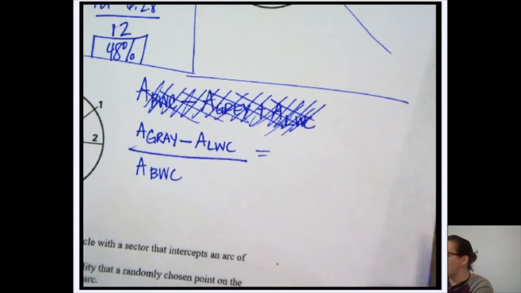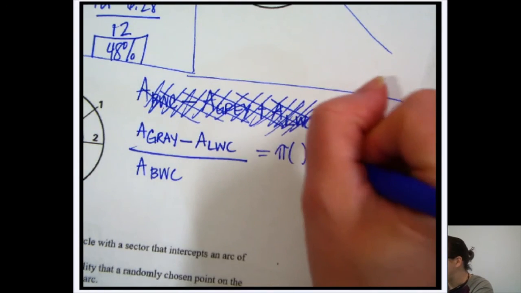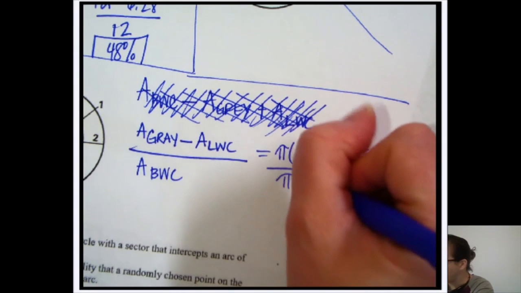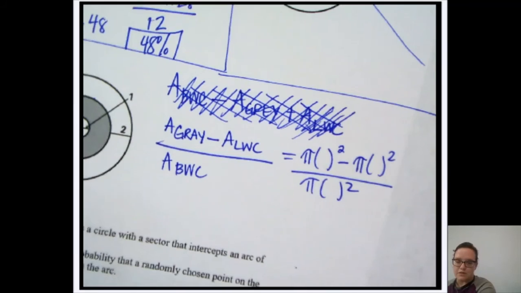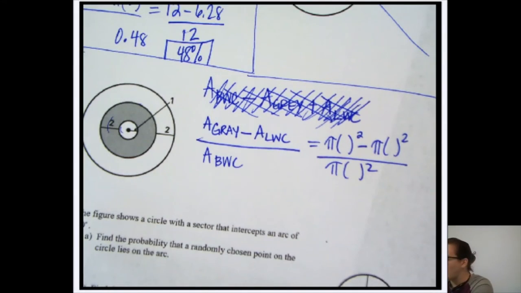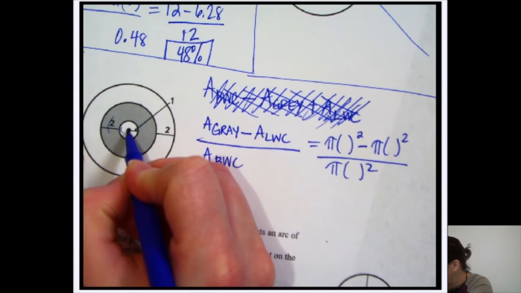So the area of the gray: we have pi r squared minus pi r squared, all over pi r squared. So now we just have to make sure we have all the right radii in there. The gray circle goes from the center to here.